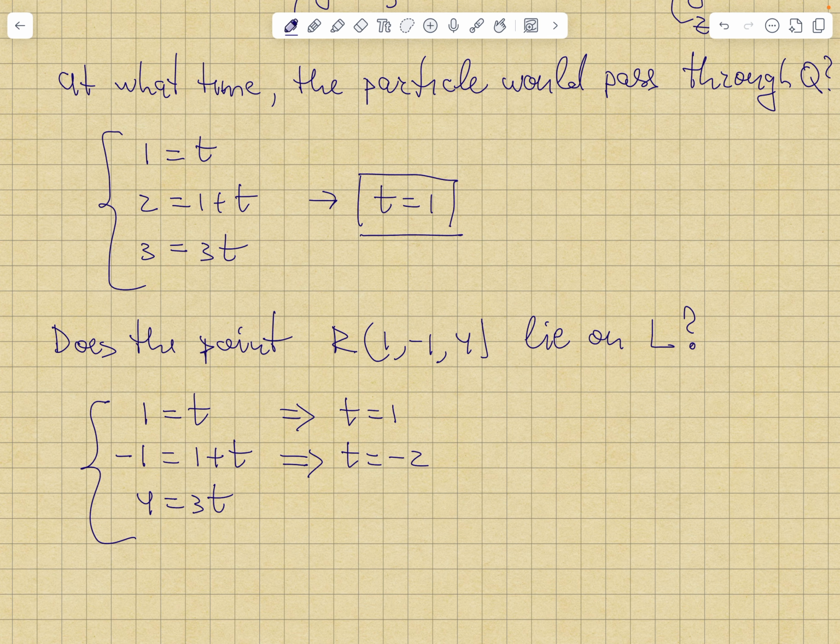And you notice then this is not the same t. And so that means that I will not be able to satisfy all 3 equations with the same t, and so this point does not belong to the line. So R is not on L.